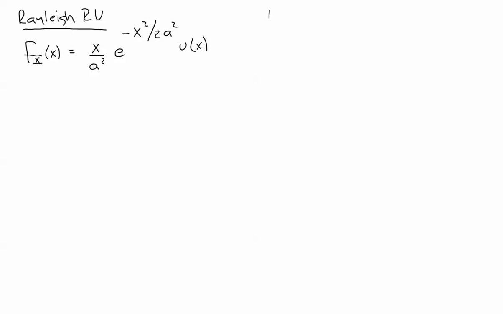And this, sketched out, looks like this. Starts up, peaks up, and trails off. Alright, that point is 0, and the peak is A. But as we're going to find, A is not the mean. That's just where the peak value lies.